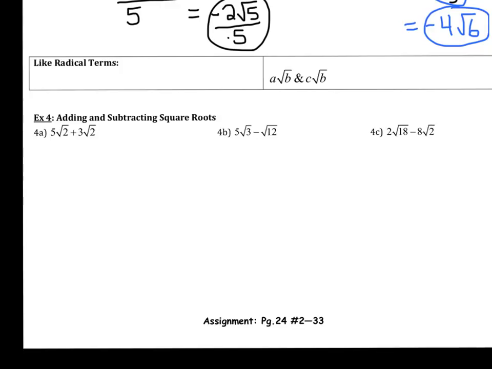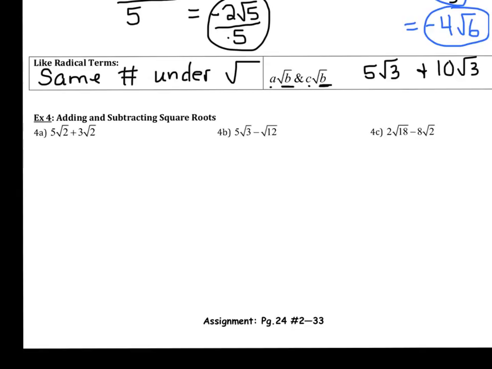Just like terms kind of look the same, like radical terms have the same number under the radical sign. So it doesn't matter what number's out front, it just matters what number's underneath. So those two would be like radical terms. If I gave you 5 square root 3, then 10 square root 3 would be a like radical with it. Why?